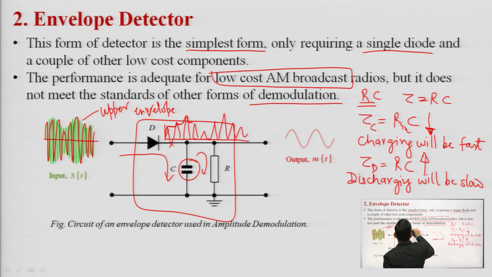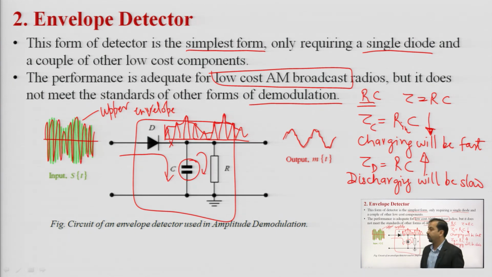If we clearly draw the waveform, we will have something like this. Some spikes are there, but we have our message signal.